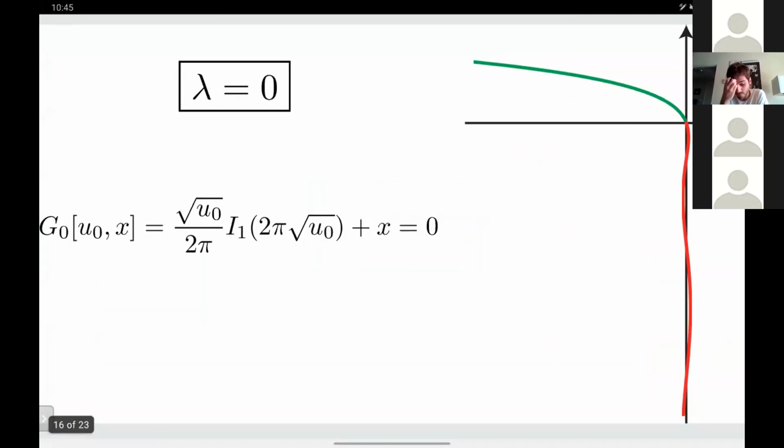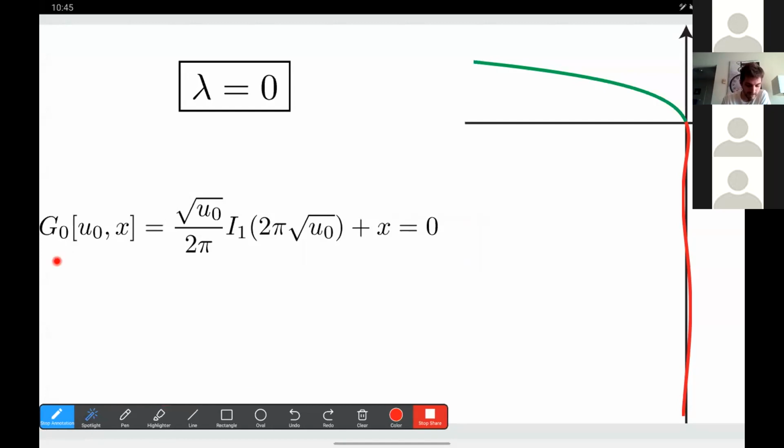This is what we find when we combine, okay? In the simplest case, this function g0 is given by this Bessel function and x. And what you can do is simply plot this on a computer and rotate the thing to compute the inverse, and you find the plot that you see over this side. Notice that this is the origin, this is x equals 0, okay?